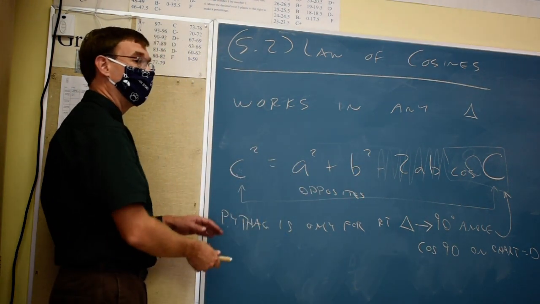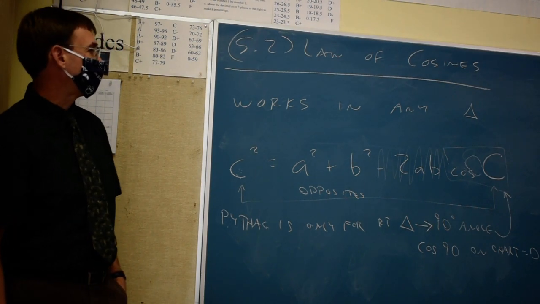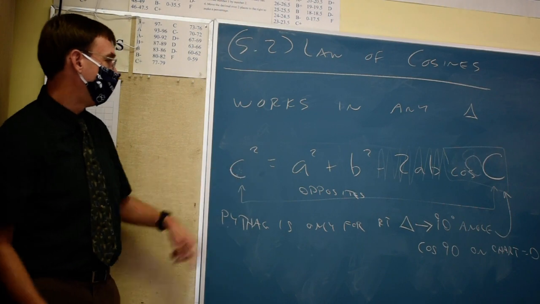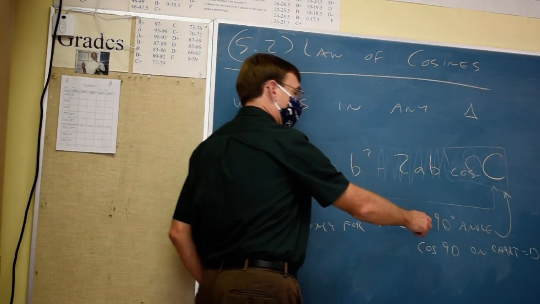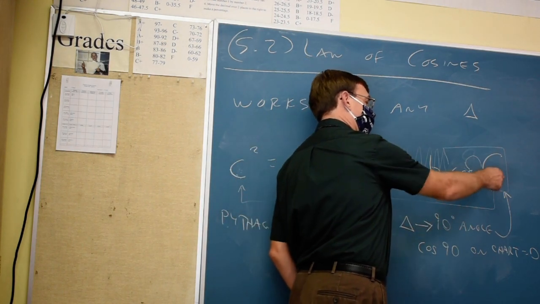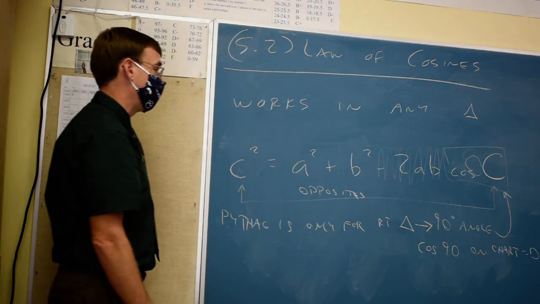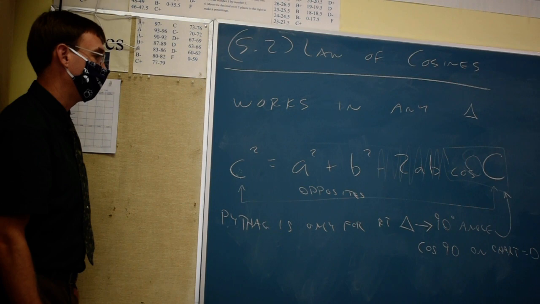And what you're left with is the Pythagorean theorem. The Pythagorean theorem is actually an offshoot of this, a specialty version of this. This works in any triangle. The Pythagorean theorem, because it's 90 degrees based and cosine of 90 is 0, eliminates like half the formula. The Pythagorean theorem is like half of the law of cosines, but only works for right triangles.